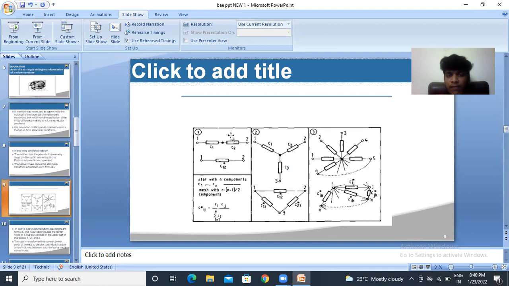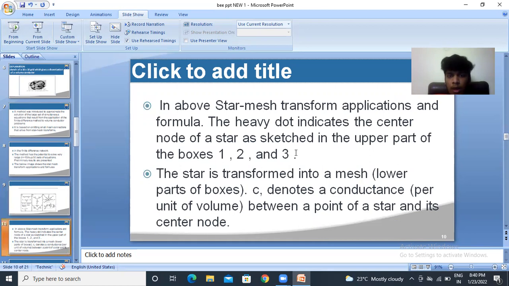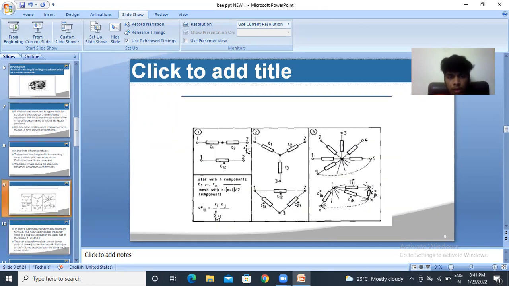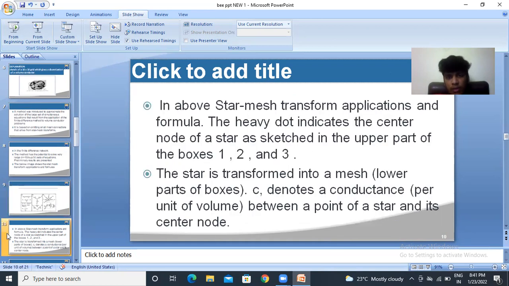These heavy dots indicate the center node of a star, as sketched in the upper part of boxes 1, 2, and 3.